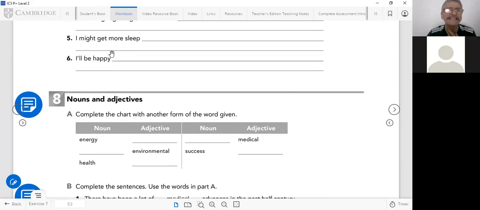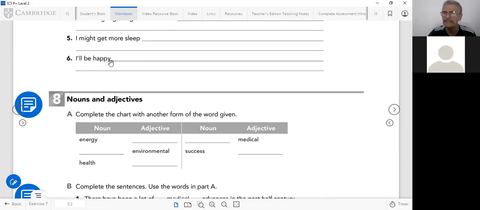And what is the word that replaces happy? Instead of being an adjective, you are going to change happy for a noun. What is the noun? You have to add a suffix. A suffix is a group of letters, 2 or 3 or 4 letters added to the adjective to transform the adjective into a noun.